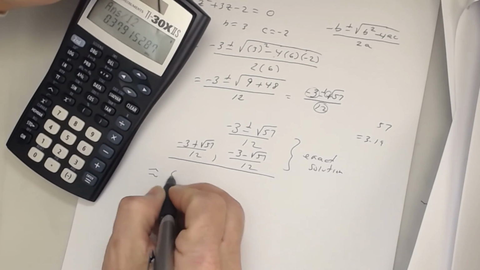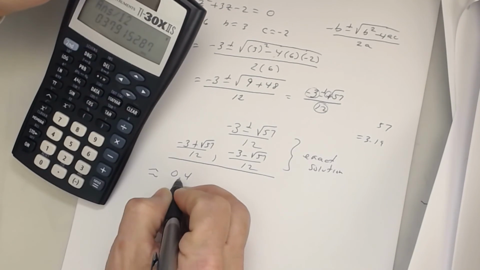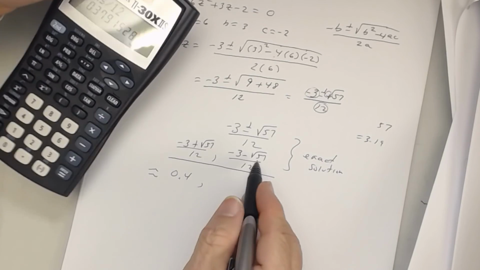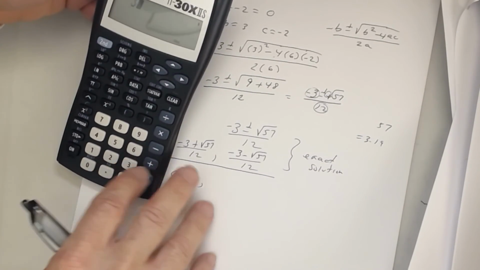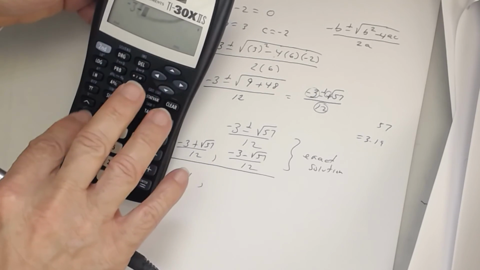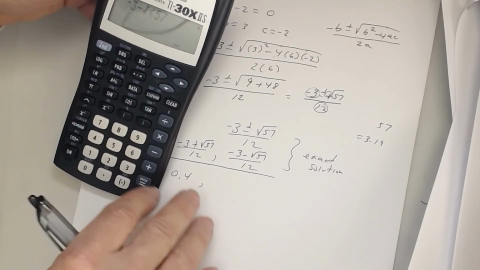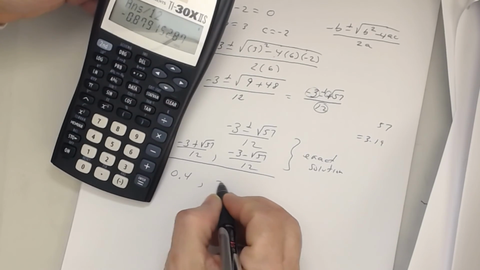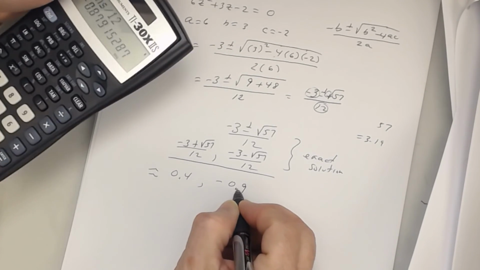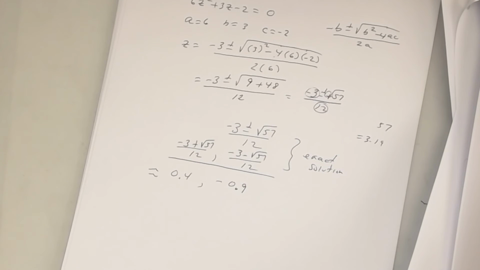So 0.4 is the first one. The other solution is approximately equal to negative 3 minus the square root of 57. Press enter, then divide by 12. Negative 0.9. All right. Okay.